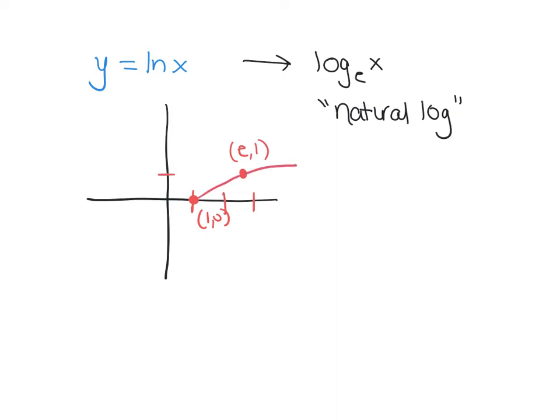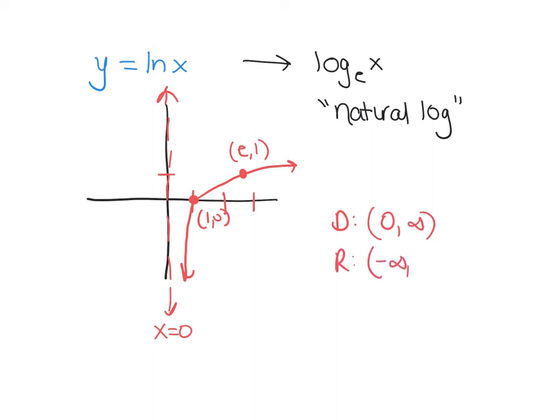I'll connect this. I'll draw in my vertical asymptote, and that's your parent log function for the natural log. You can see your domain doesn't go past the vertical asymptote, so your smallest x is 0. Your range, though, goes from negative infinity all the way to positive infinity.